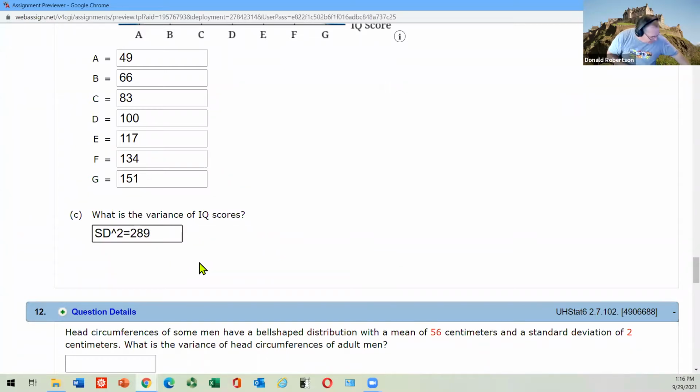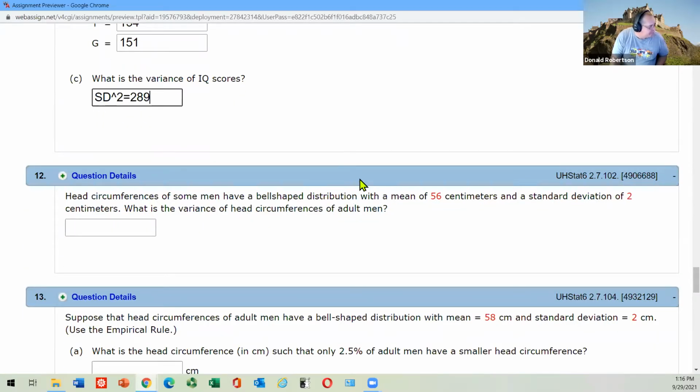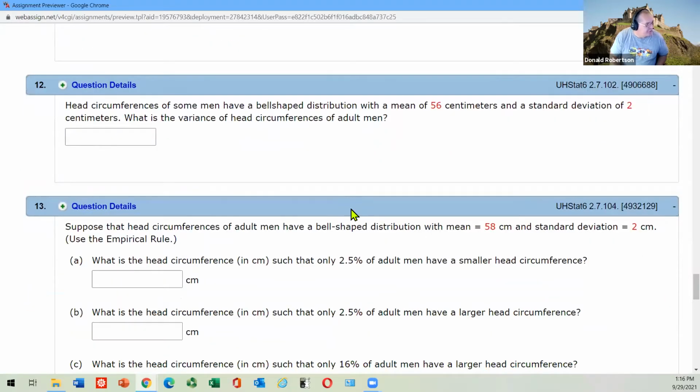So I can now say with certainty that both of my classes now know how to calculate variance. I don't think there's many questions where it's asked, but that's how you do it. So here's question 12. The standard deviation is 2. What's the variance?